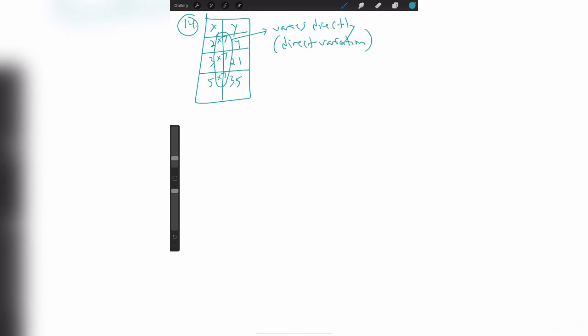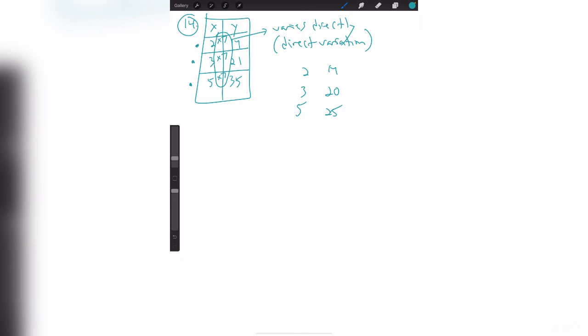Okay, so we know that if we're doing the same exact thing for this one and this one, that it varies directly. Now, if these numbers were different, let's say this was 2, 3, 5, and my y values were like 14, 20, and then 25.